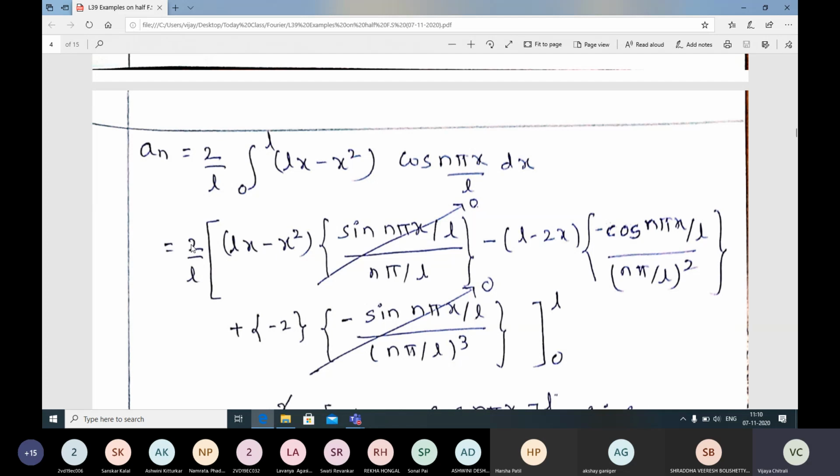Integrate this. 2 by L is as it is. u is Lx minus x square. Next we want v1, where v1 is the integration of v.